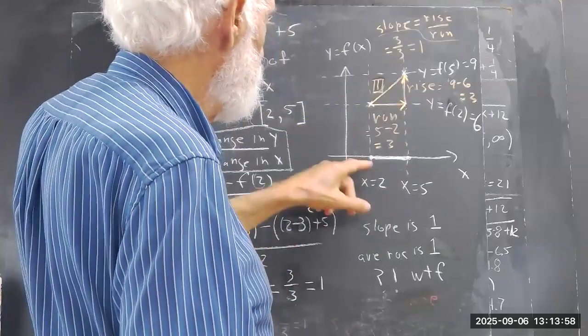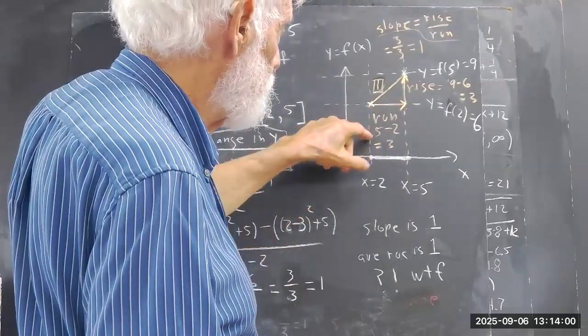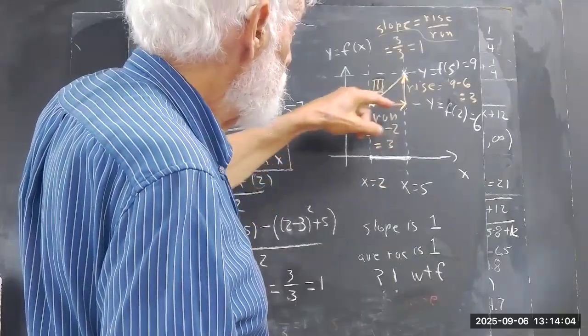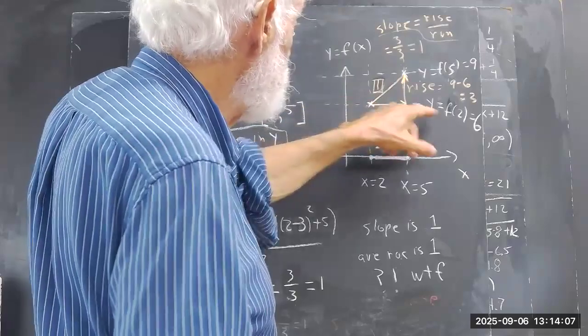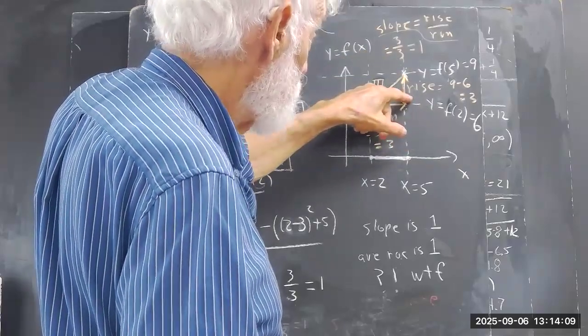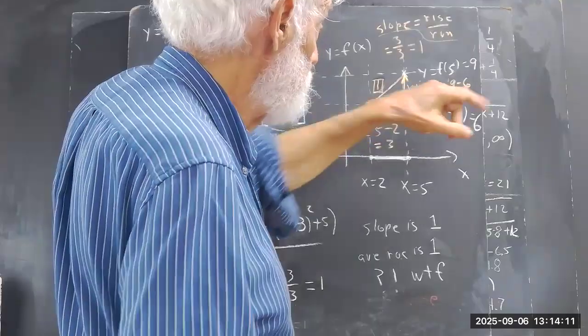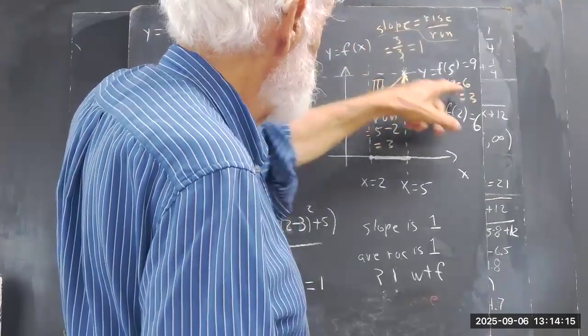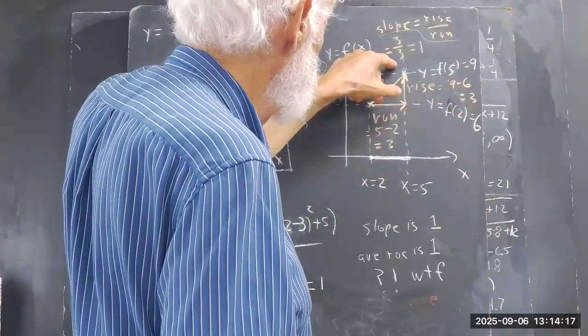This arrow runs from x equals 2 to 5, so the run is 5 minus 2, which is 3. This arrow goes from y equals 6 to y equals 9, so the rise is 9 minus 6 equals 3. So the slope is rise divided by run, which is 3 divided by 3, which is 1.